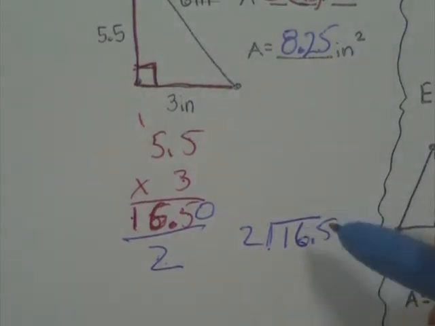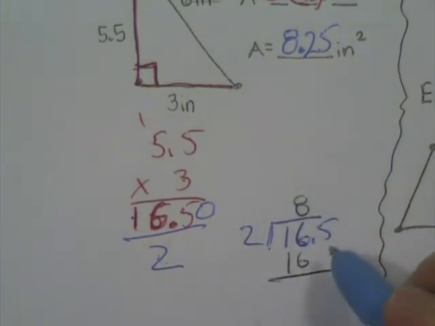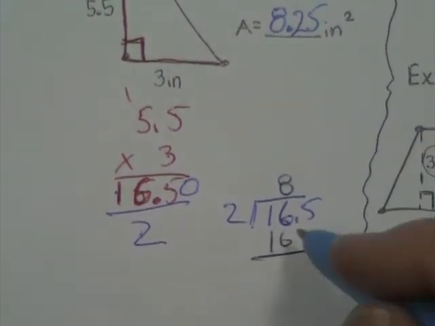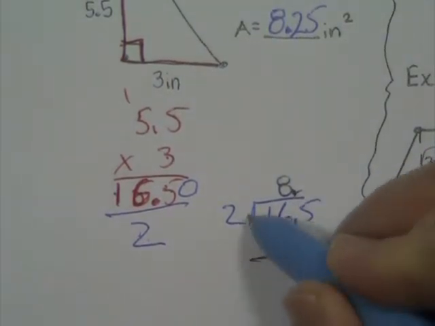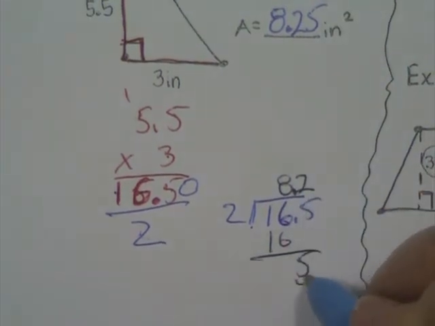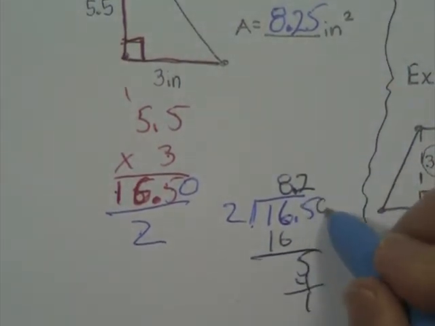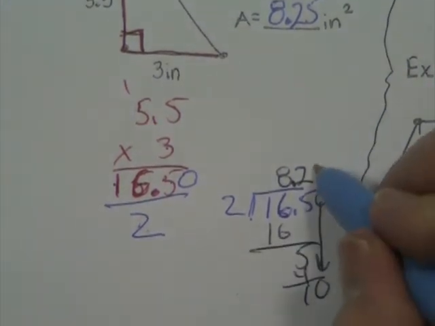And if you did it the long way here, that's what you would end up with. 2 goes into 16 8 times. Then you would have 0, bring down the, there's a decimal, bring down the 5. 2 goes into 5 twice, right? With 1 left over, bring down a 0. 2 goes into 10 5 times.